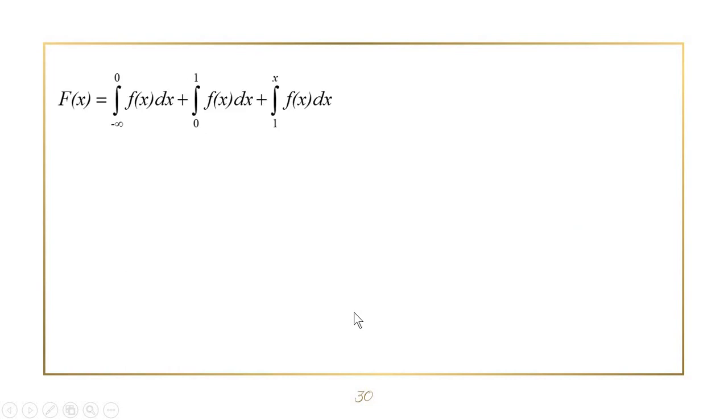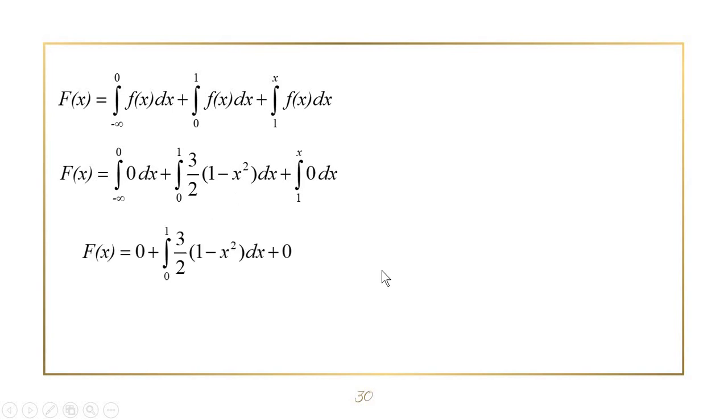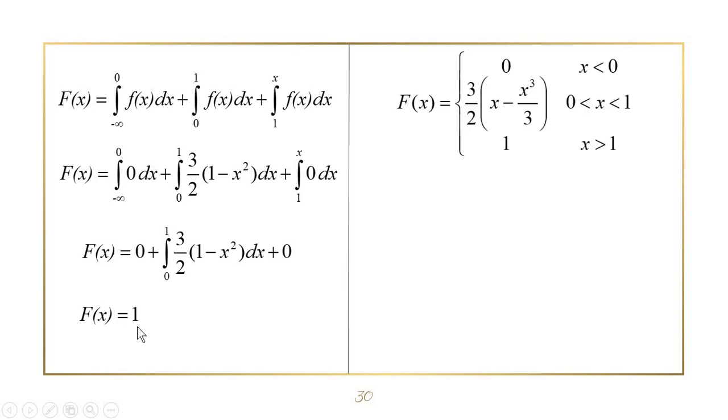After substituting all that, we are left only with this integration. After integrating that, you get 1. So I told you the total area is 1. Thus the distribution function is: when x is less than 0, it is 0. Between 0 and 1, this is our F of x. When it is greater than 1, our area is 1.